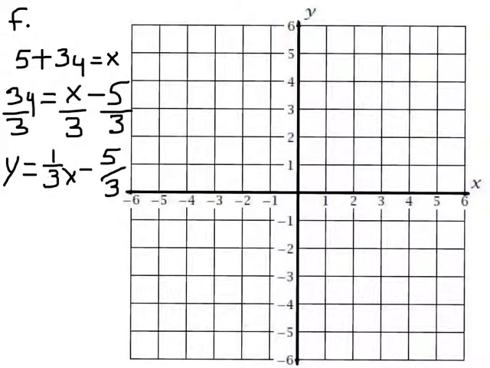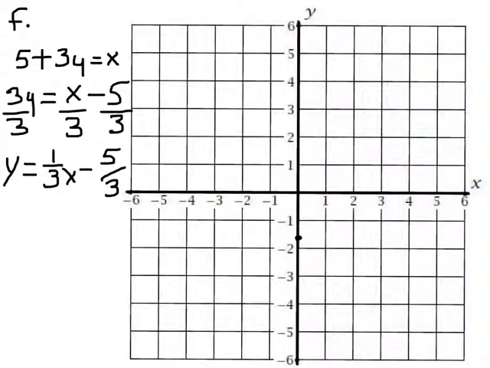Now that's a little tricky because it's not a whole number, but we're going to say 5/3 is the same as 1 2/3. And it's negative, so we need to go down on the y-axis to 1 2/3, which would be approximately right here.